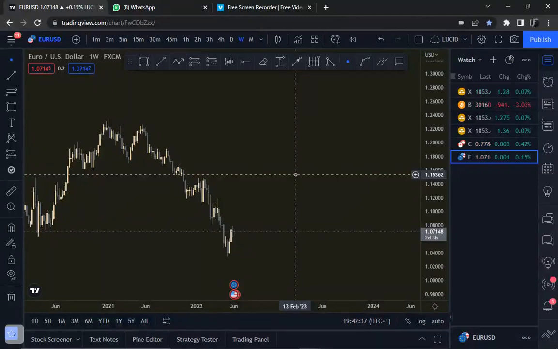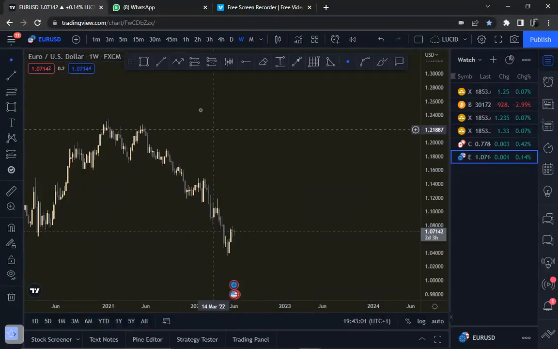Note these things down. Number three, the candlestick should cause a very strong impulsive movement. And number four, the next candlestick should engulf it.